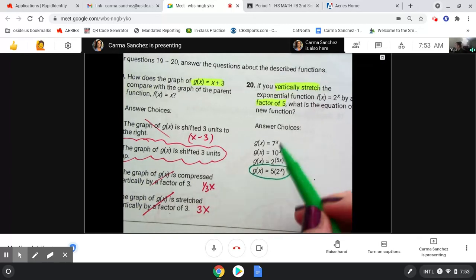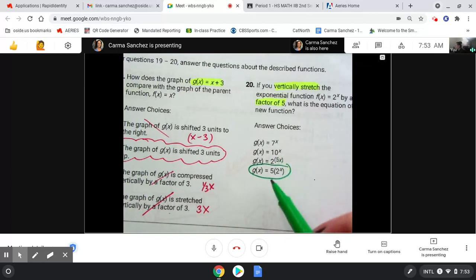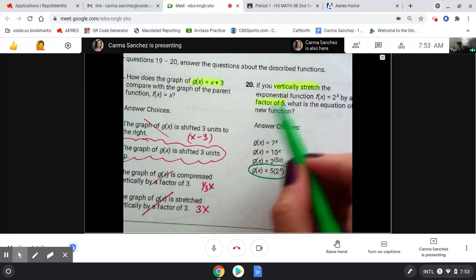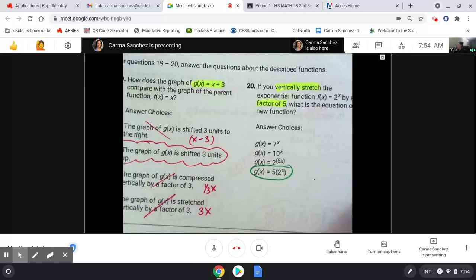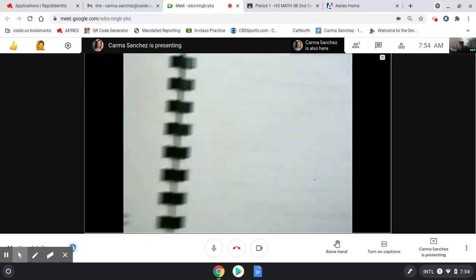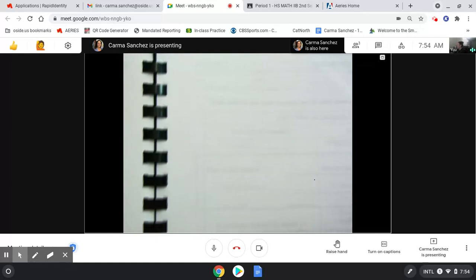When I'm using exponents, I'm not going to be able to go 5 times 2 is 10, 10 to the power of x. A vertical stretch by a factor of 5 means I'm going to multiply by the big number 5 out in front. There's my original function, 2 to the power of x. There's the big 5 out front. That's my answer.